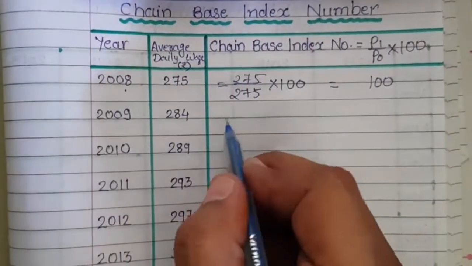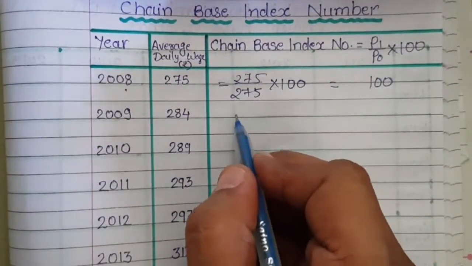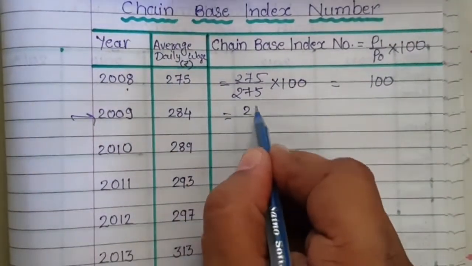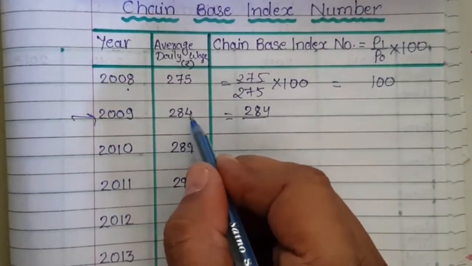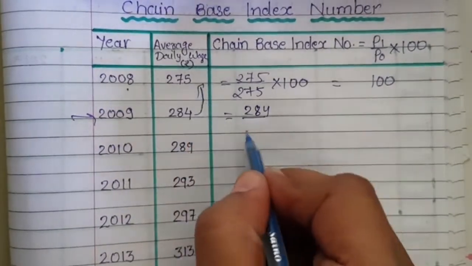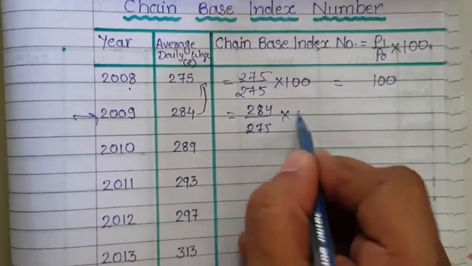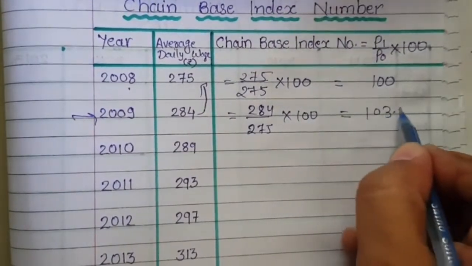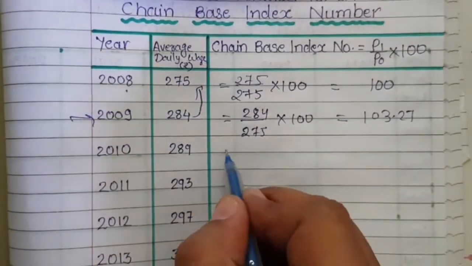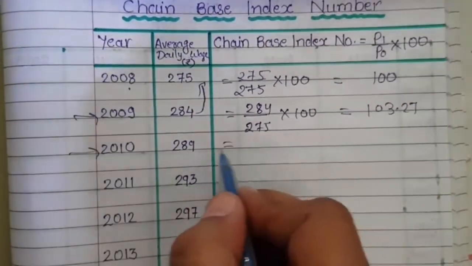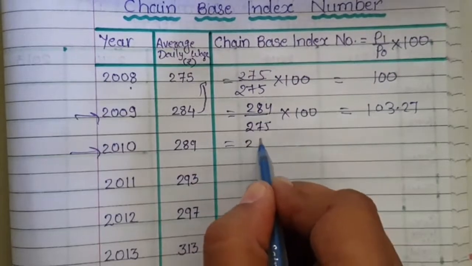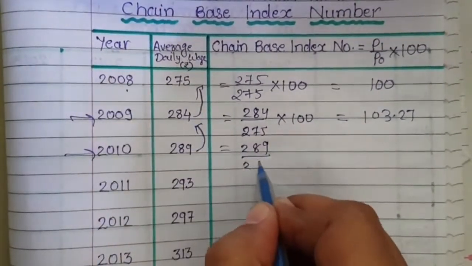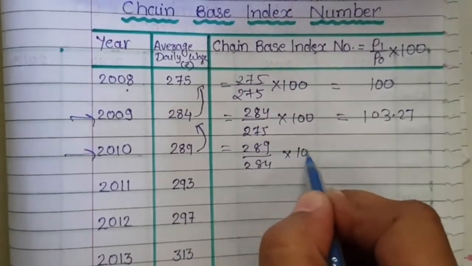But from this year, for 2009, my current year is 2009, 284, but its preceding year price is 275, multiplied by 100. So I will get 103.27. For 2010, my current year's price is 289, and its preceding year price is 284, multiplied by 100.